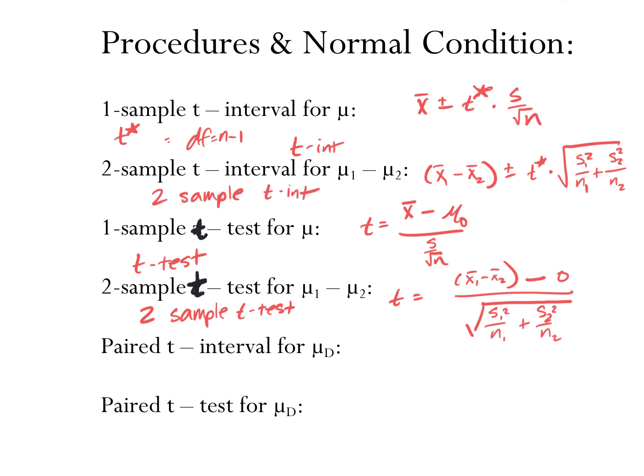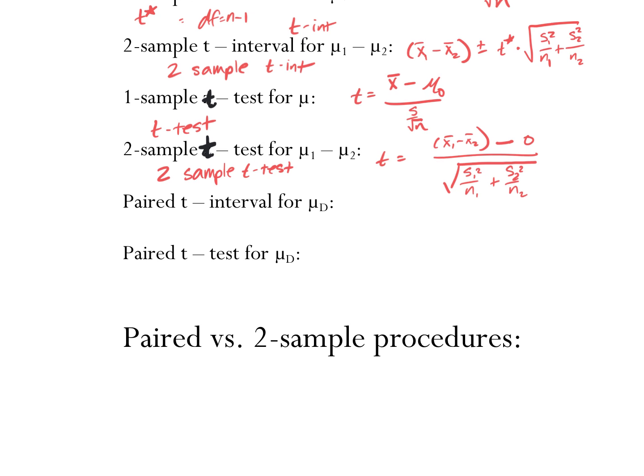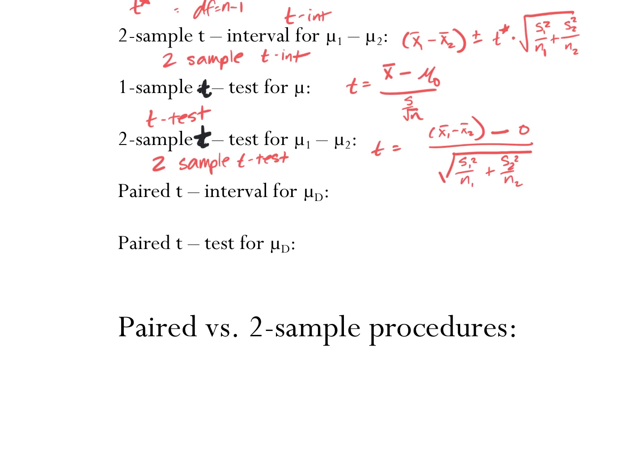Okay. All right. And then lastly, we've spent a little bit of time talking about paired t-intervals for mu d or paired t-test for mu d. And for paired procedures, we'll talk about it at the bottom here. Obviously, you can say I want to talk about the difference between, say, paired and 2 sample. The biggest piece is that you're going to have values for the differences.